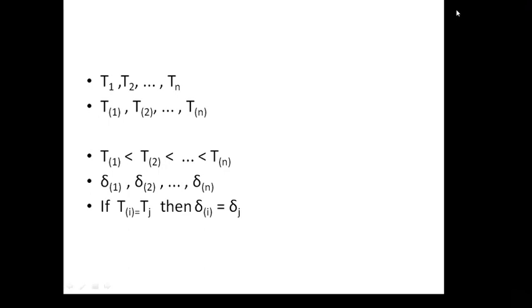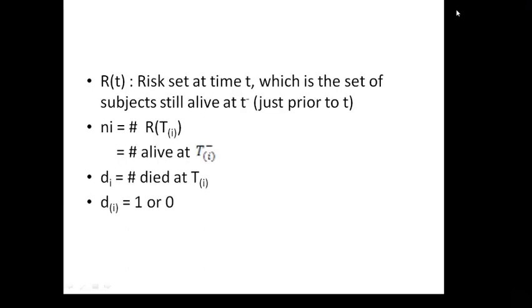That is, if T(1) is actually the reading on the fifth observation, then delta(1) will be the delta value on the fifth observation. In general, if T(i), the ith order statistic in the T data, is actually the reading on the jth unit, then delta(i) will be directly taken to be delta j. So for delta(1), delta(2), up to delta(n), there may not be proper order among them. This is the order imposed by T(1), T(2), up to T(n).